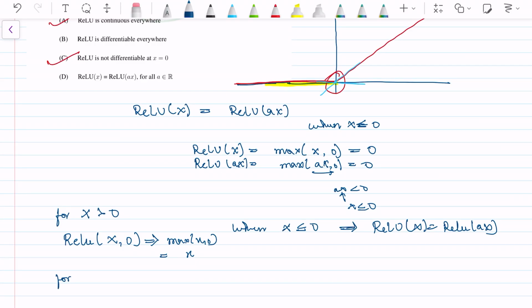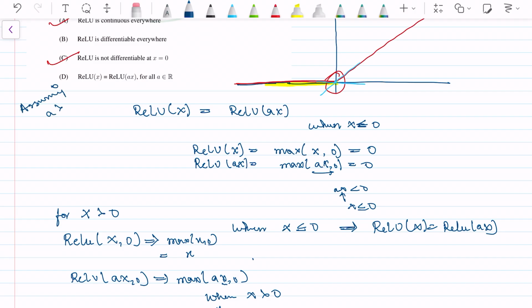Similarly, we'll also find the ReLU of ax, which is max of ax comma 0. From the start of the discussion I've been assuming that a is greater than 0. So if a is greater than 0 and x is greater than 0, the max of ax comma 0 would be ax.